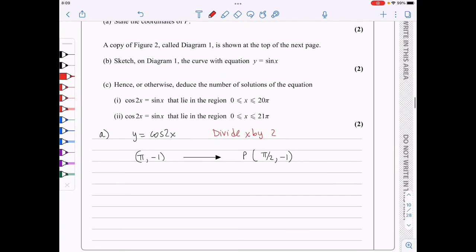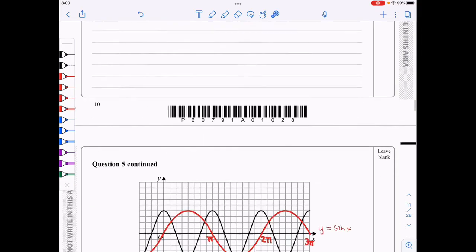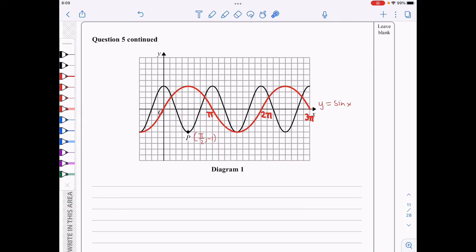In part C, it says hence or otherwise deduce the number of solutions of the equation cos 2x is sine x in the region of 0 to 20 pi. So if I just concentrate on this region here from 0 to 2 pi, just to see what's happening in the first 2 pi, we see that we've got 1, 2, 3 points of intersection.